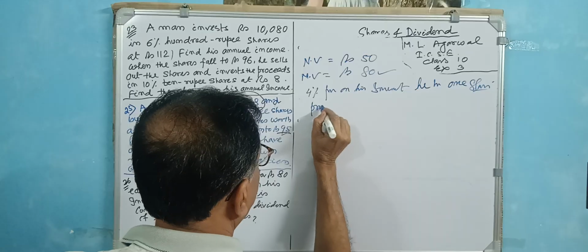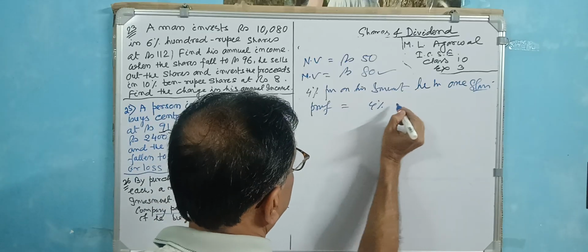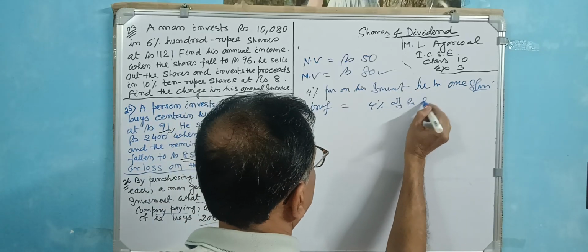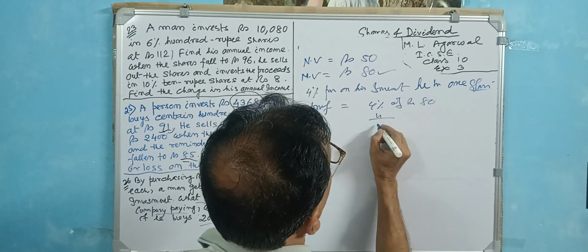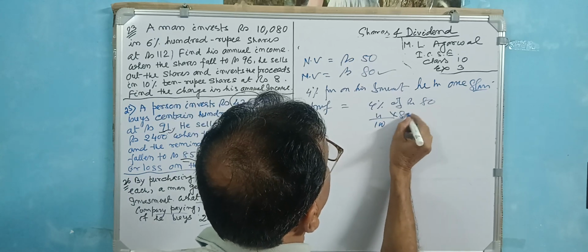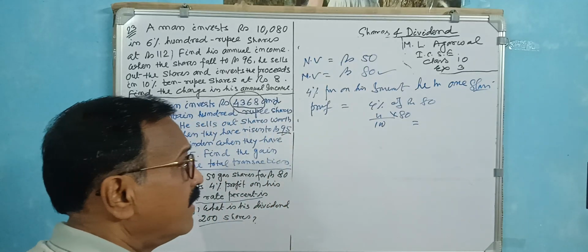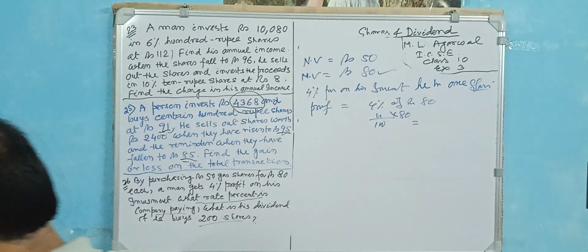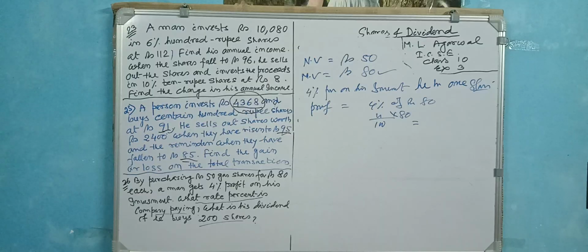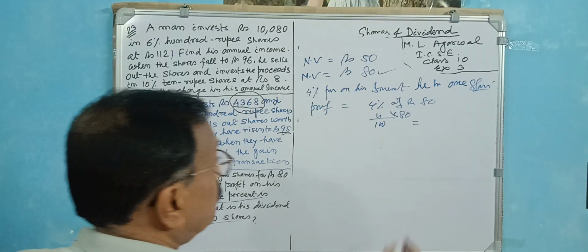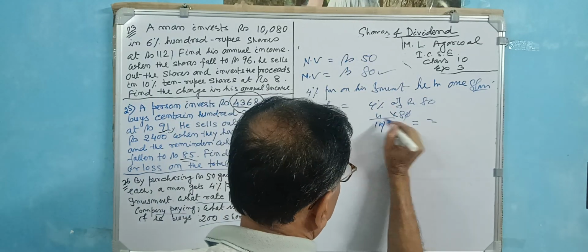So the profit is 4% of rupees 80. That means 4 by 100 into 80.